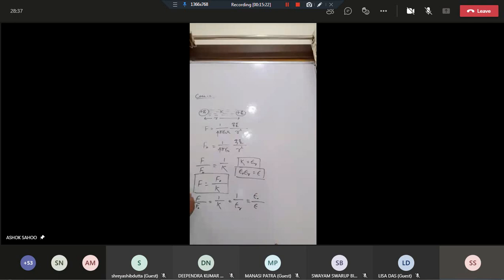So questions are coming related to this. This is the force of interaction between two charges with no dielectric. If dielectric is considered, this ratio is equal to this value. Also equal to what? Equal to this by this.